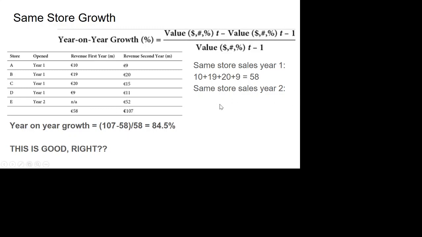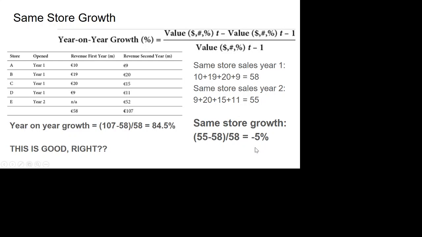Year 2, it's 9 plus 20 plus 15 plus 11, or 55. If we do the same store growth formula using the same formula, you end up with same store growth of -5%.